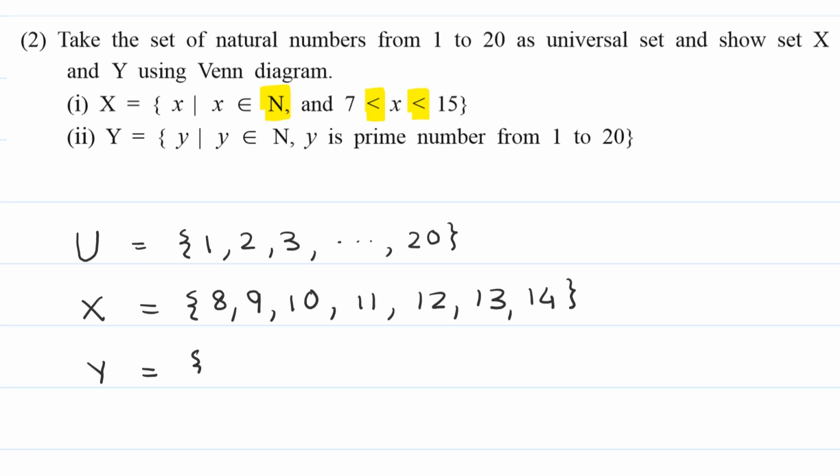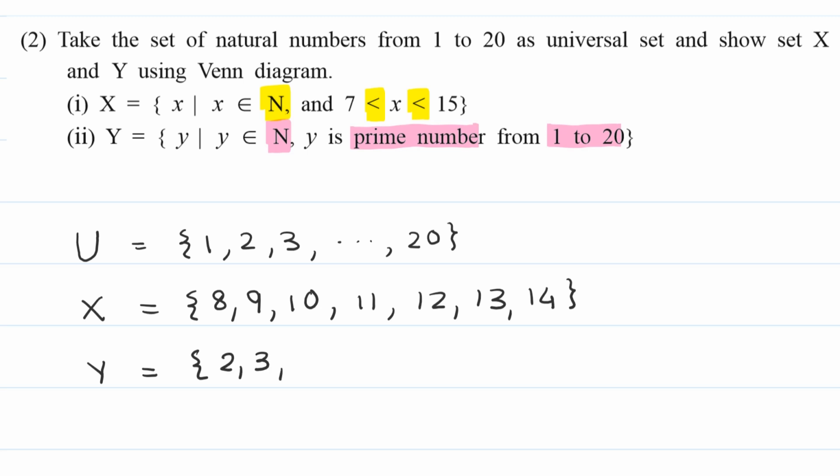Y set. Y is a natural number, y is a prime number and between 1 and 20. So we will write the y set in roster form, the listing method. The first prime number between 1 and 20 is 2.